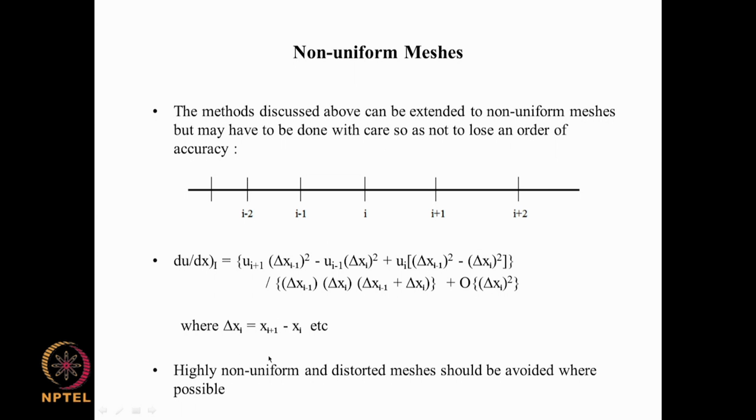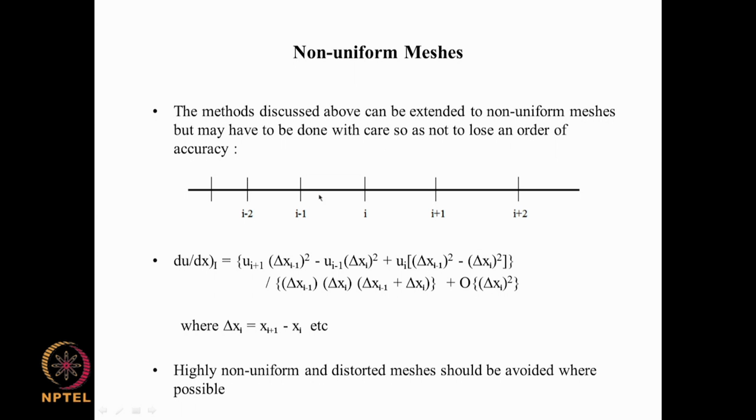But this is one definition, and with this definition you can go back to the earlier Taylor series expansions and still write, for example, u at i plus 1 as u at i plus dou u by dou x at i times delta xi plus dou square u by dou x square times delta xi square by factorial 2 and so on. So when we are expanding u i plus 1 in terms of ui, we get delta xi, and if we want to derive a central difference formula we also need u i minus 1.